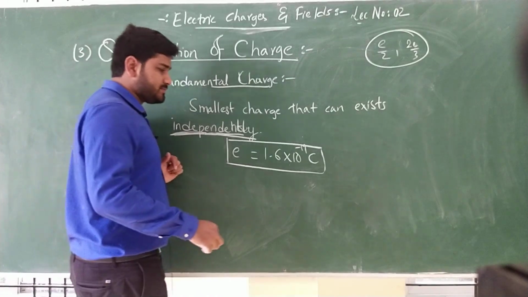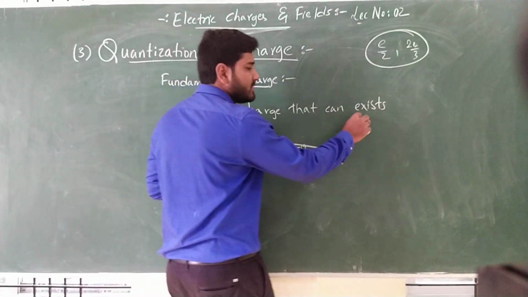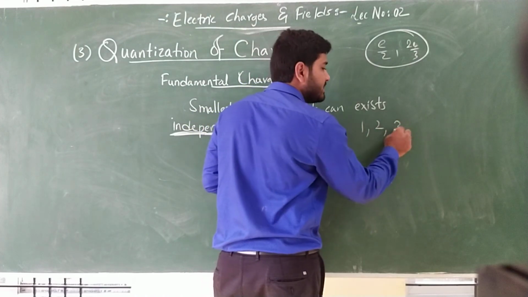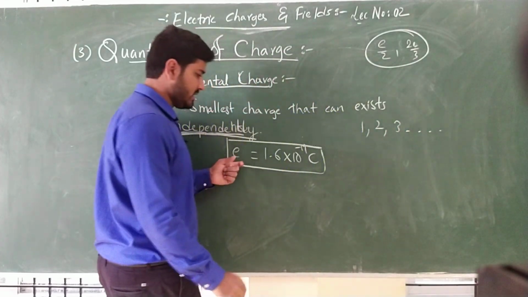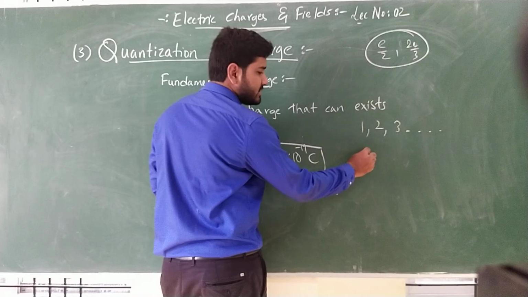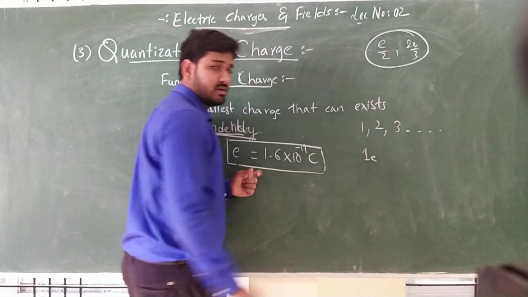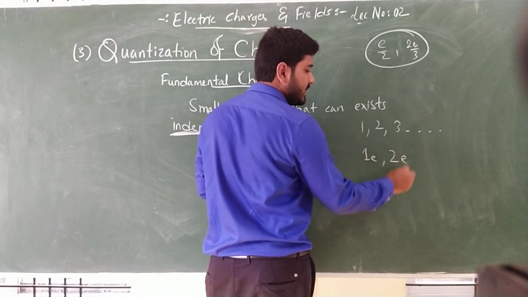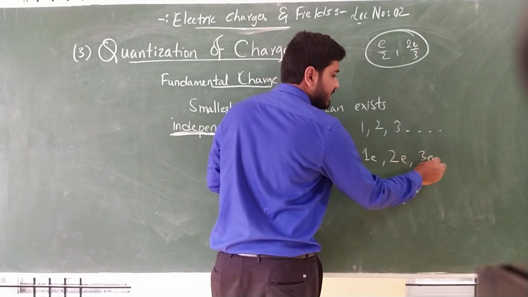As I have already said, you can buy 1, 2, 3, and so on. Like that only, you can get charge 1e, next 2e, next 3e.